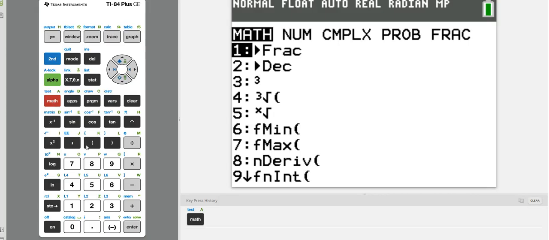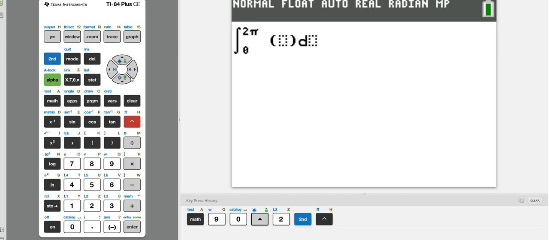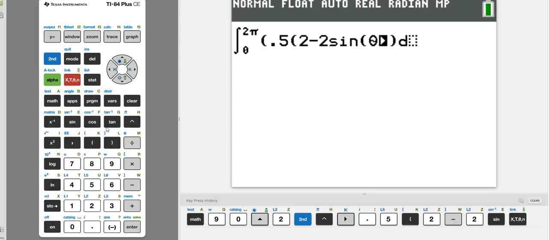Math 9. Let's see, 0 to 2 pi. And I forgot that factor of 1/2, so I'll put it in my integrand. 0.5 times parentheses 2 minus 2 sine of theta.